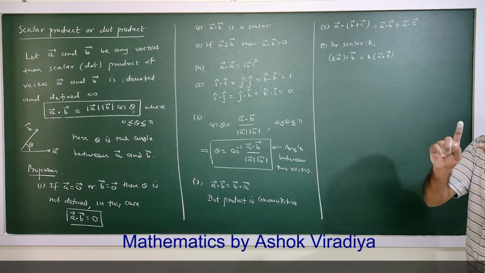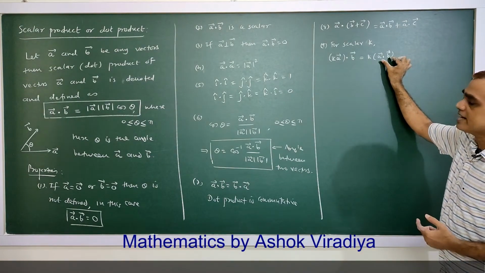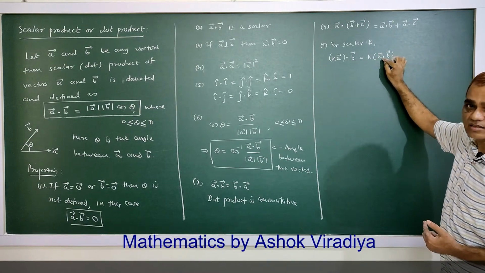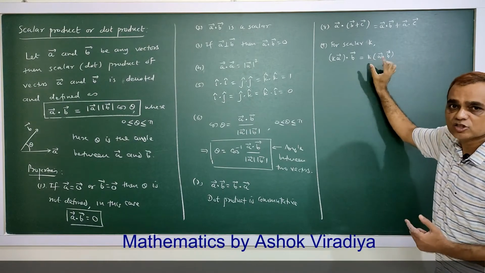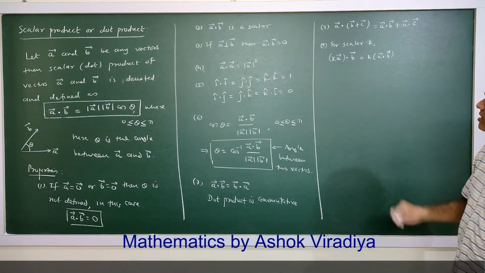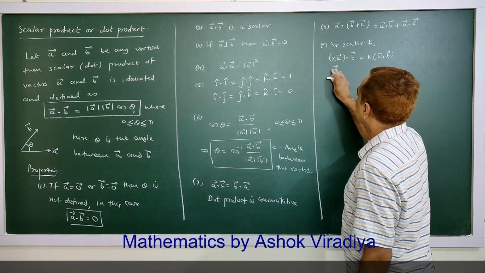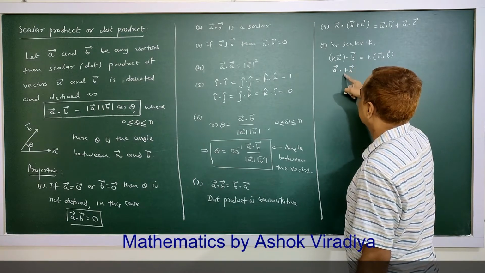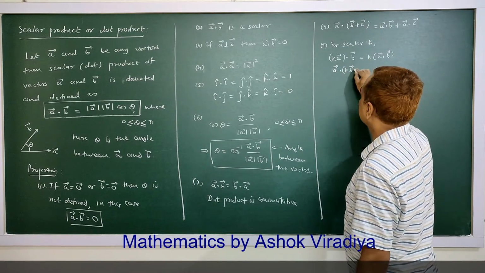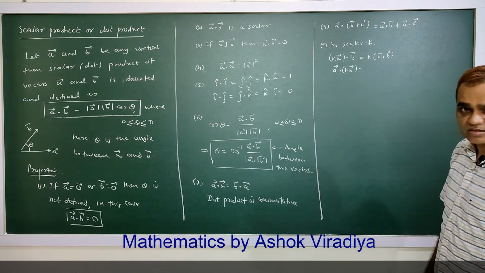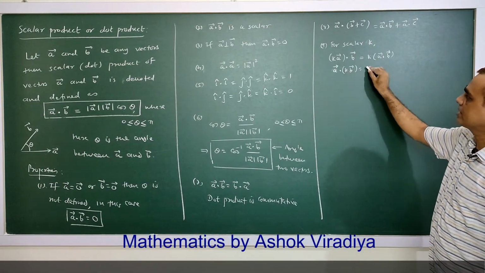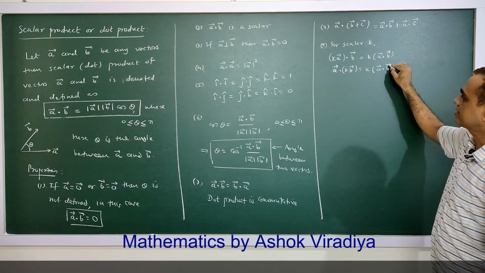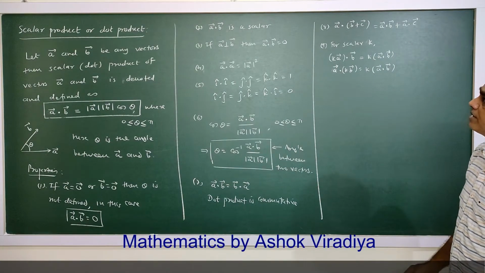On the other side, first you take the dot product of a and b, and whatever the result, it will be a scalar, which you multiply with k. So the answer is the same. If the dot product of vector a and k times vector b is taken, k can be taken outside, and in the bracket keep vector a dot vector b. So remember these properties.